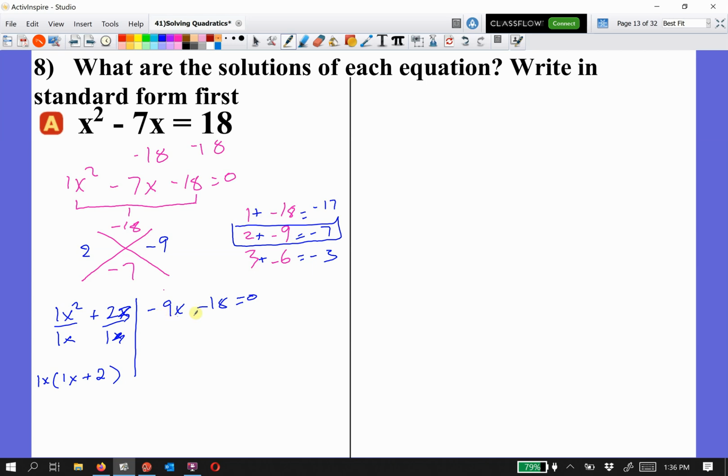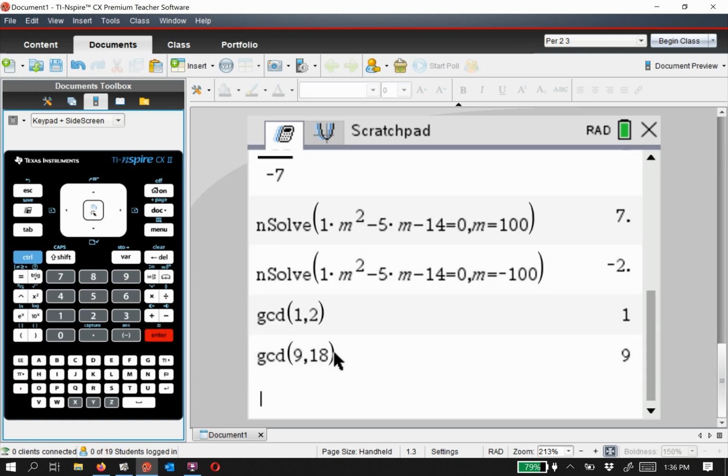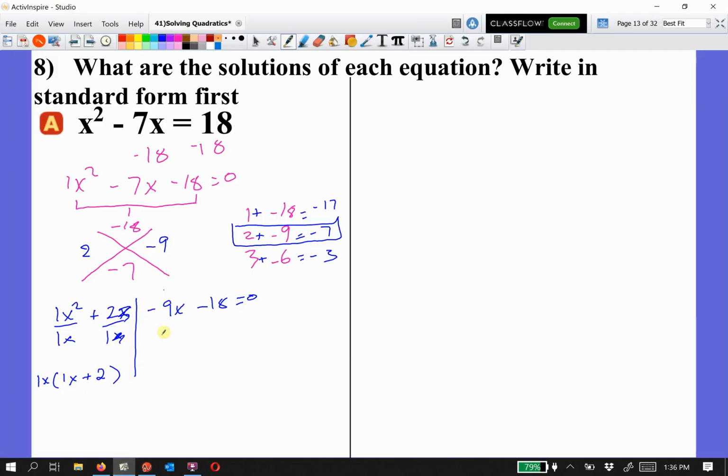Okay, next one, we've got 9 and 18. GCD 9, 18. GCD, parentheses, 9, comma, 18. Enter. 9. Great. Now remember, there's a negative in front, so I got a negative for each of these. So I've got negative 9. Parentheses.